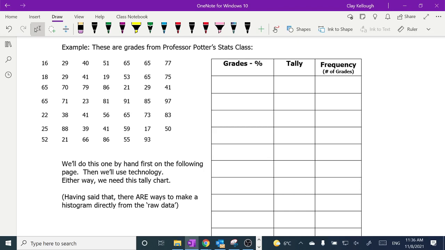So I'm going to count the interval from 9.5 to 19.5. Now you might be thinking, why go with 0.5s? None of the grades are 0.5s. Well, I want to make all of these intervals the same distance wide, and in this case, they're all going to be 10. But I want to make sure that the number 10 gets grouped in with the numbers 11 and 12 and 13 and 14.